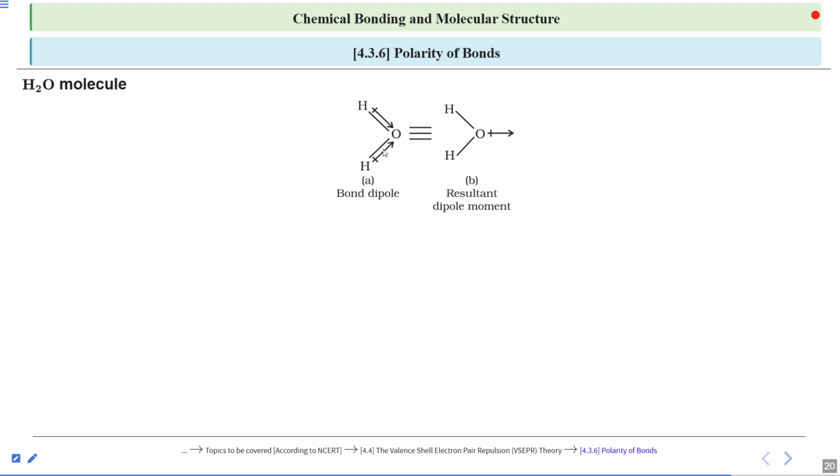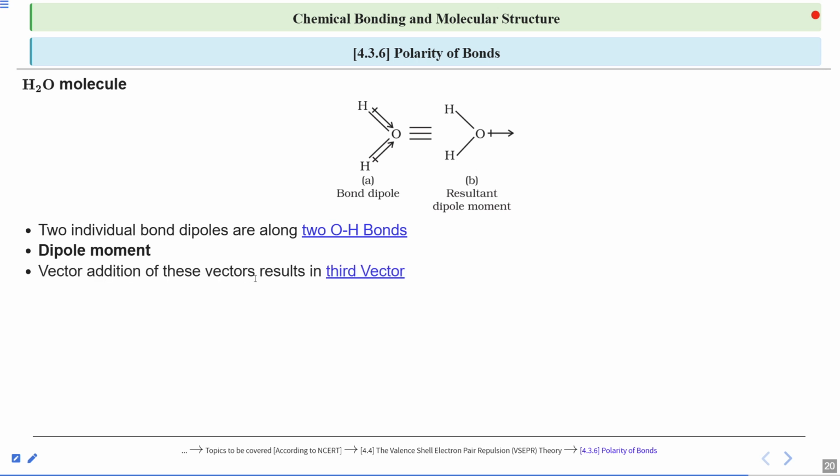Now these two individual dipoles can be considered for the two OH bonds. But what will be the net dipole moment? It will be the vector addition of these two vectors, and that will result in a third vector. Now, this is the final dipole moment of the H2O molecule. This is a very simple vector addition formula to be used for calculating the direction of the dipole moment.